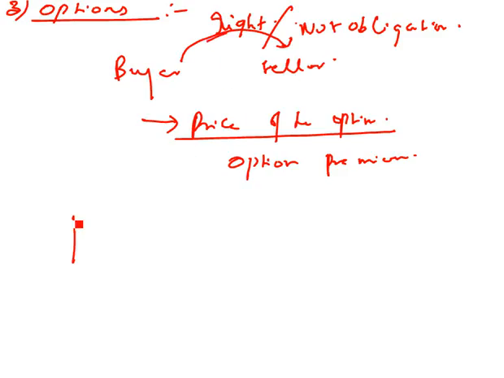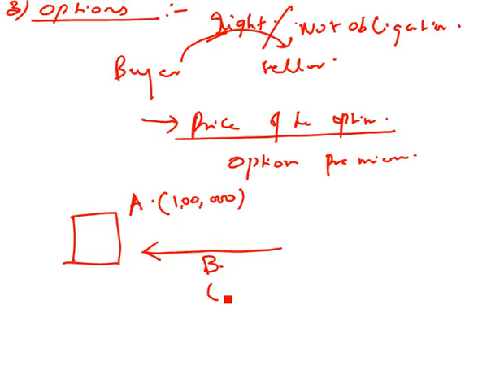Suppose there is a land available and it belongs to A, and B approaches to buy this land. B got to know that the price of the land is, let's say, 1 lakh, but at the moment B does not have the money. He has only 80,000 in his hand, so he can't pay right now. He says after 30 days he will get his salary, so he will be in a position to pay the 1 lakh which A was asking for.